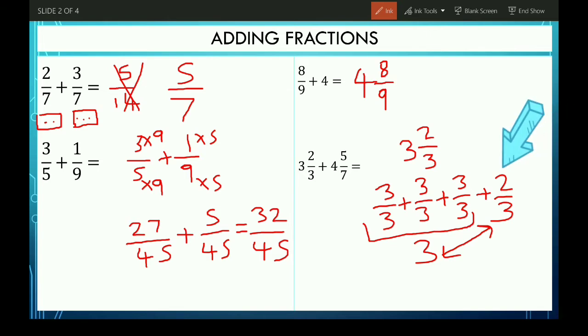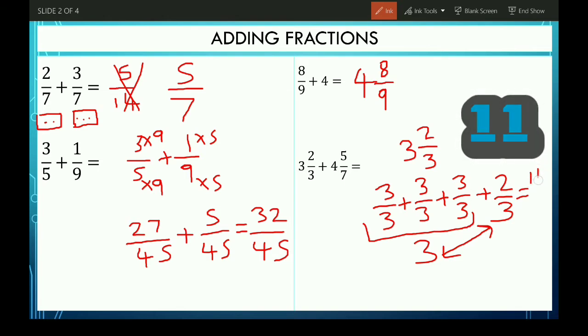So if you look at it from the top, 3 plus 3 plus 3 plus 2. Because remember, I can add these because my denominators are all the same as 3. So 3 plus 3 is 6. 6 plus 3 is 9. And then 9 plus 2 is 11 over 3.